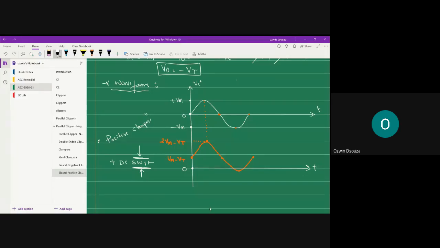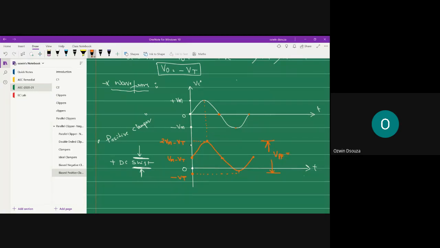Now, I have to write this peak value also. This is at minus Vt level. So VPP, that is V peak to peak, should be 2 times the maximum value. Let's check whether we are getting V peak to peak as 2 times the maximum value.